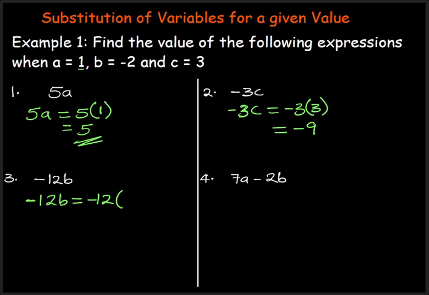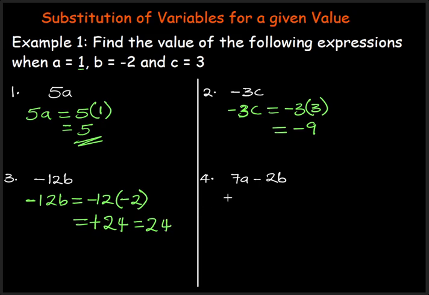Not because there is minus here and then you forget about the minus that b is carrying. So b on its own is minus 2. So you must put the minus 2. So what are we having? We are having minus 12 times minus 2, and that will give us plus 24, which is equal to 24.